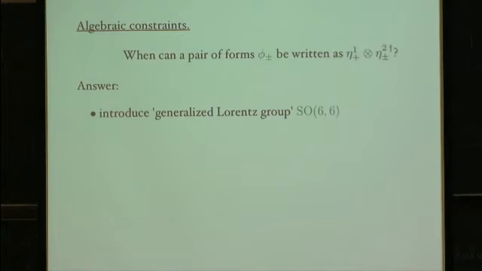So the answer to this question is easiest if you introduce the generalized Lorentz group, which I would define this way. Instead of just having the usual ordinary rotations as generators, which would be for SO(6), you also add generators with both indices down and both indices up, whereas here the generators would have one index up, one down.